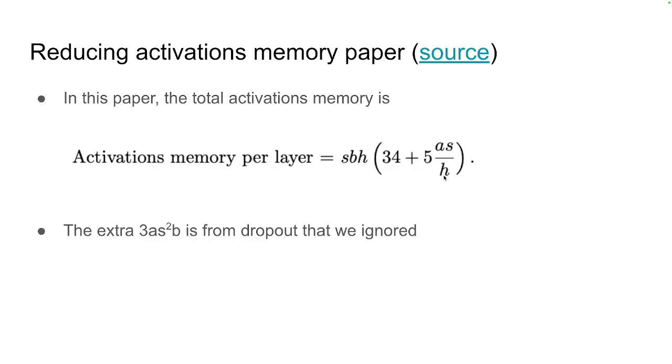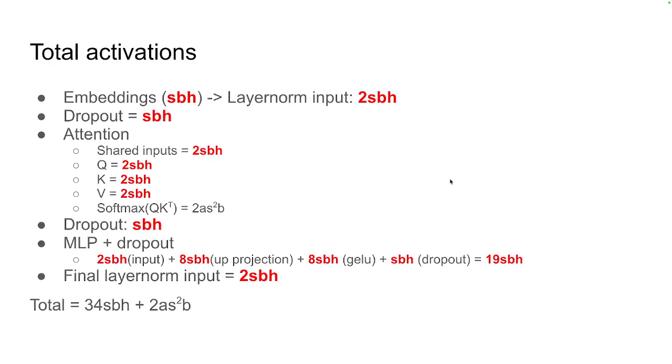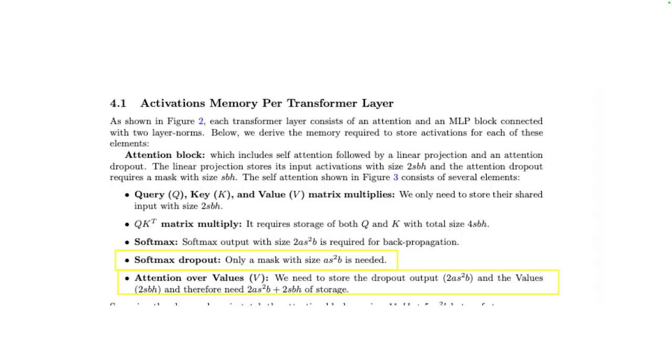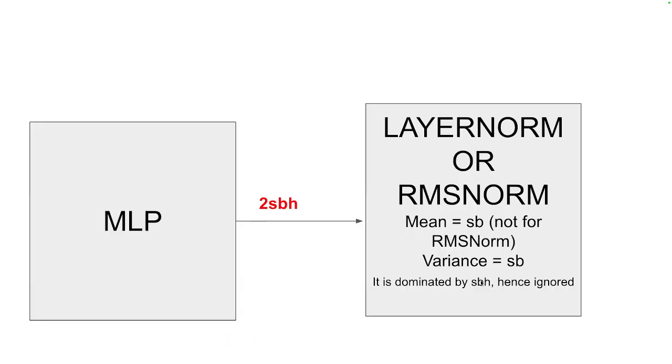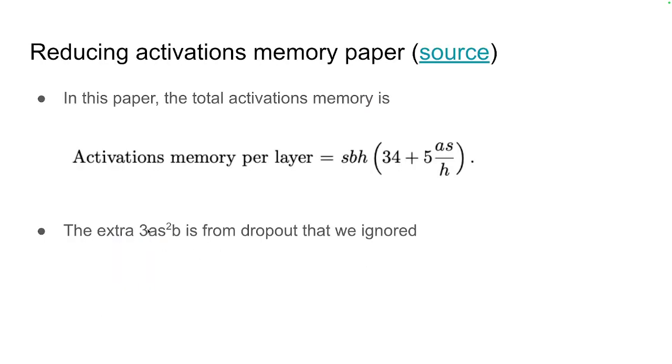If you just multiply h here, it will cancel out. So this comes from the fact that I mentioned about softmax, dropout and attention. And I don't think many open models that we have now use this. So this is the 3 a s square b that comes from here, and I don't think many of the open models use this, and I chose to ignore that part. So if you just add that part, then this extra 3 a s square b will come up, and you can match this expression in the paper.